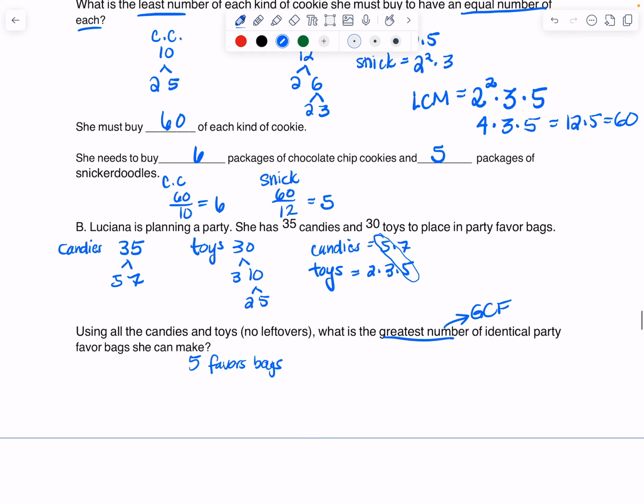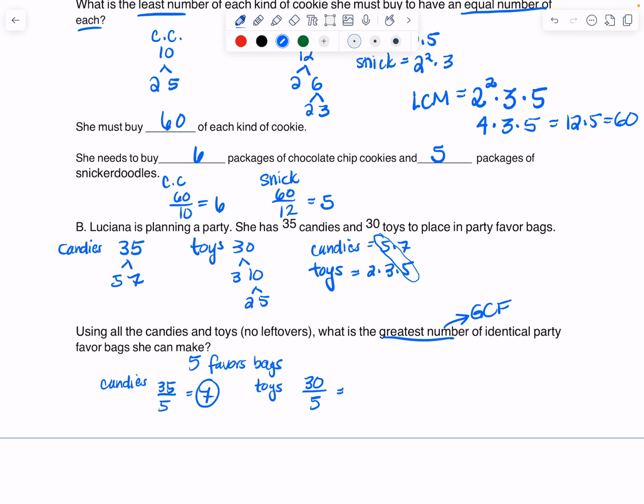So now to figure out how much goes in each one, we do the candies first. So there's 35 candies that she has. If I'm making 5 favor bags, I divide that by 5 to get 7. So 7 candies need to be in each bag. And then for the toys, I know that she has 30 toys, and I'm making 5 favor bags.